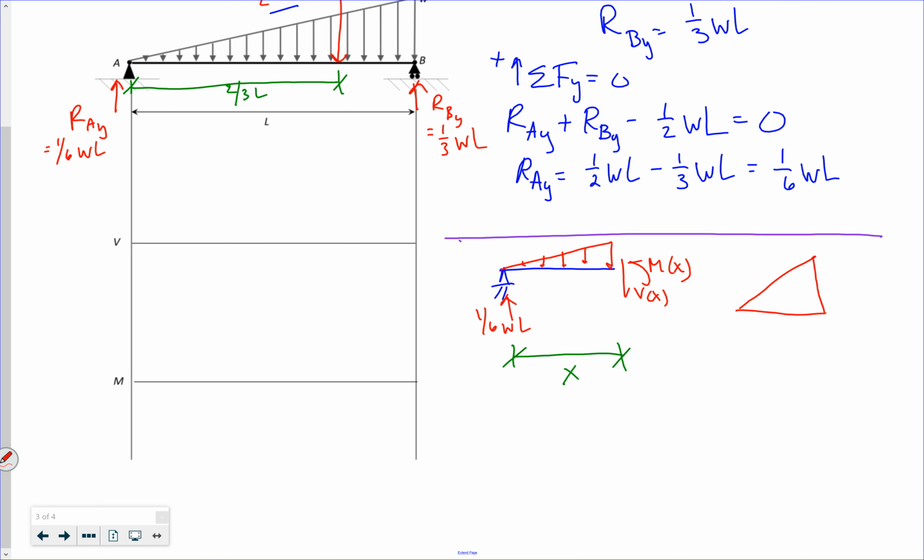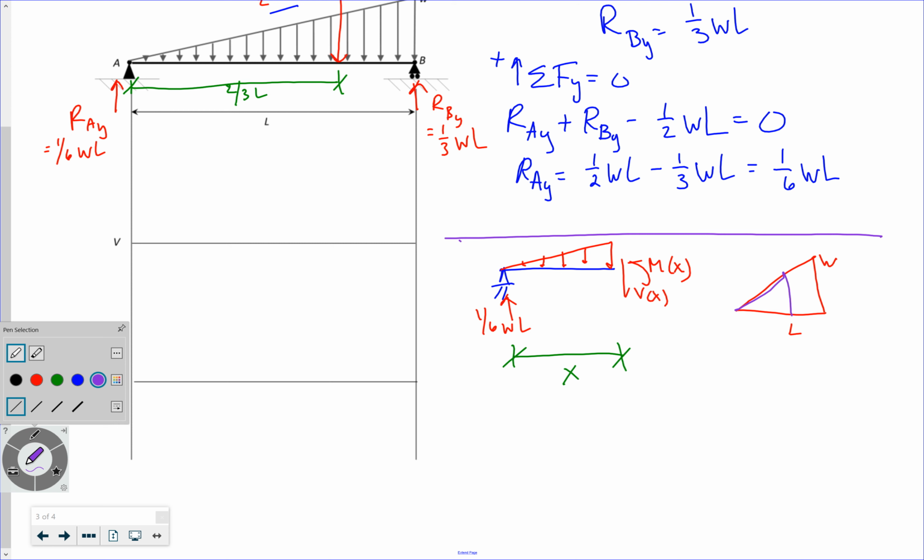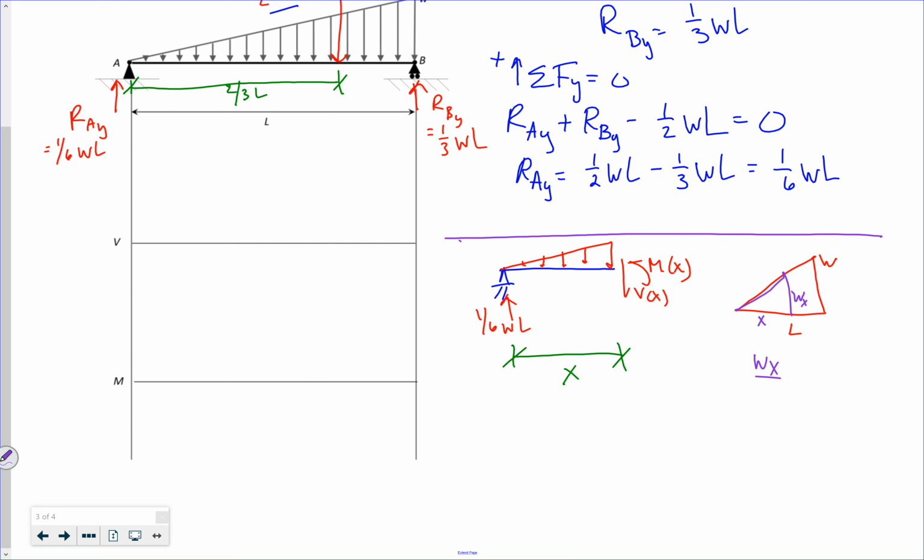If my whole load is W over L and my section load has a length X, my applied load at X, W of X over the length X is equal to W over L, so W at X is equal to W times X over L, right?